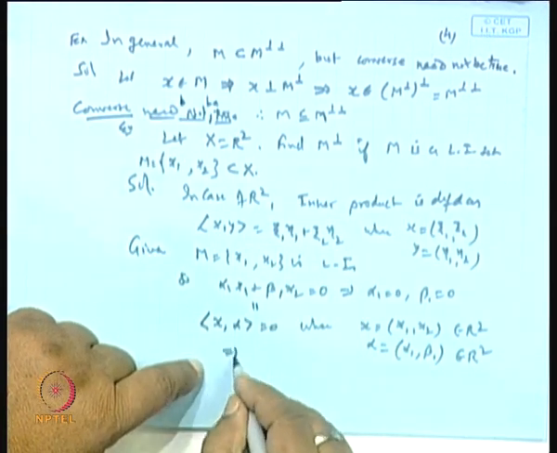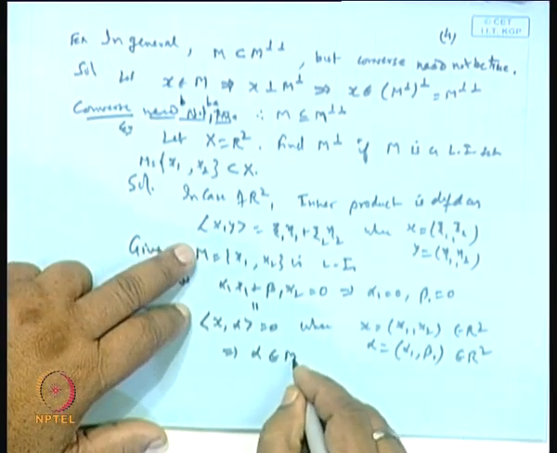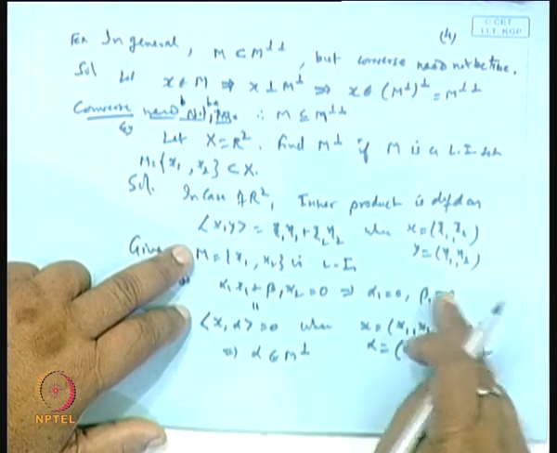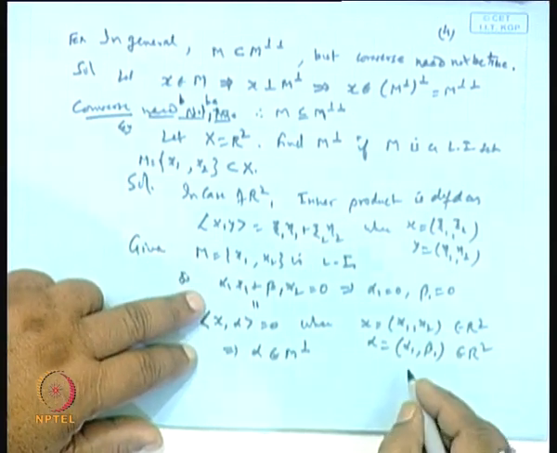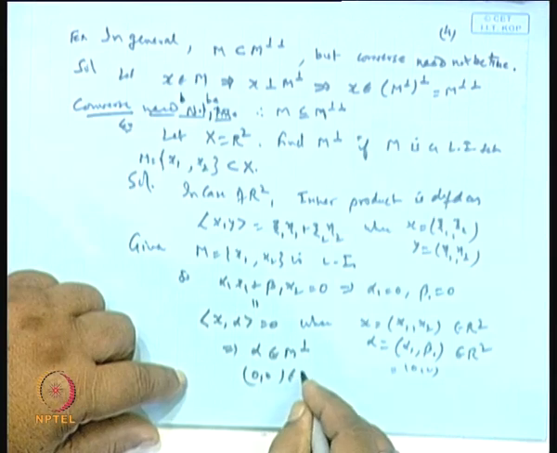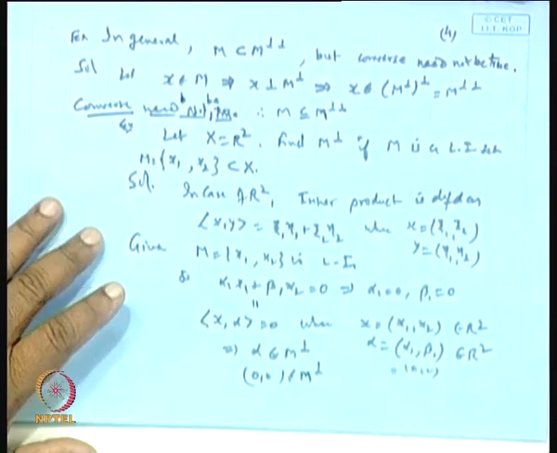It means if x is given, we have got an element whose inner product is coming to be 0. So, this implies that alpha must belong to M perpendicular, is it not? Clear? But alpha1, beta1 is coming to be 0, 0. So, 0, 0 is a point in M perpendicular. Agreed? Okay.